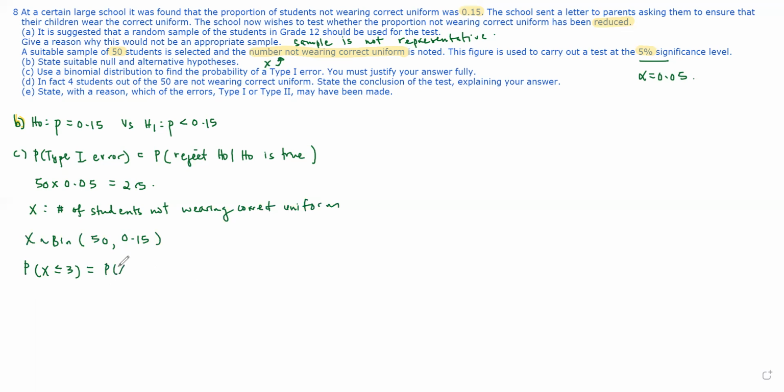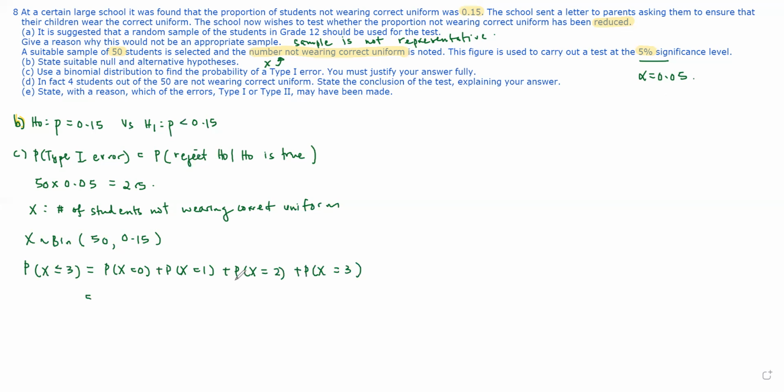That is the probability X equals 0 plus probability X equals 1 plus probability X equals 2 plus probability X equals 3. We want to find a probability value that is as close as possible to 0.05, not exceeding 0.05.